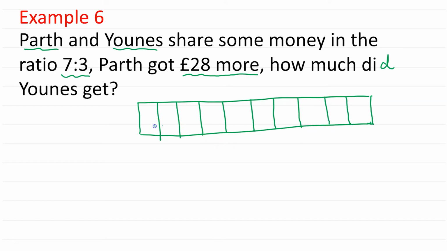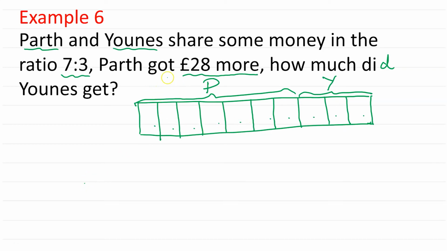So there are 10 parts. Who got 7? Well, Parth got 7 and Yunus got 3. So these 3 parts belong to Yunus and these 7 parts belong to Parth.